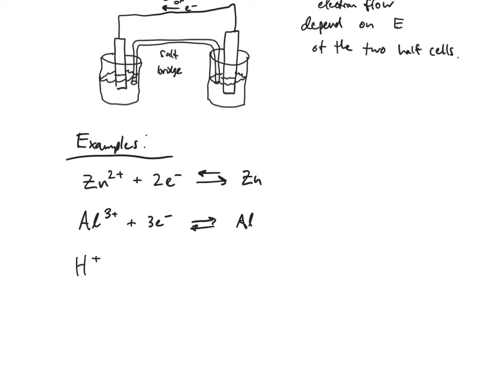One more example, a single proton reacts with a single electron, and it reacts to form half of an H2 molecule. Notice that all of these reactions are drawn as reduction reactions. And this is the convention for half reactions, is to write them in such a way that they are being reduced.